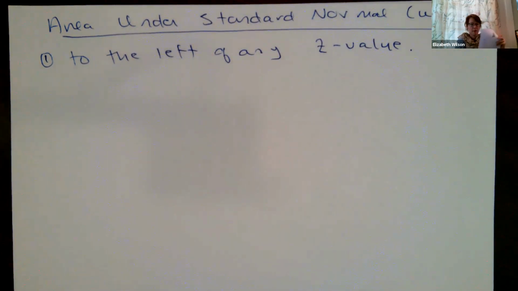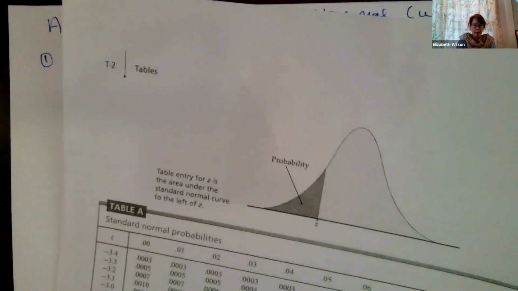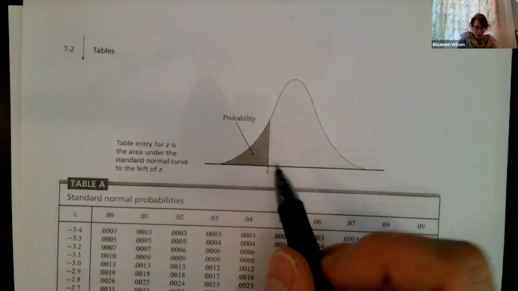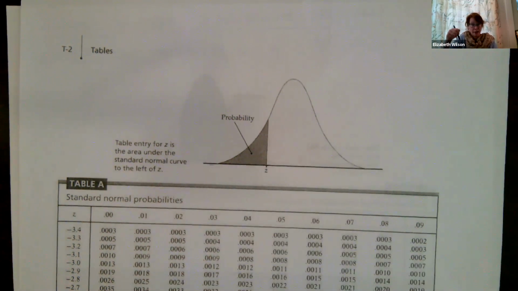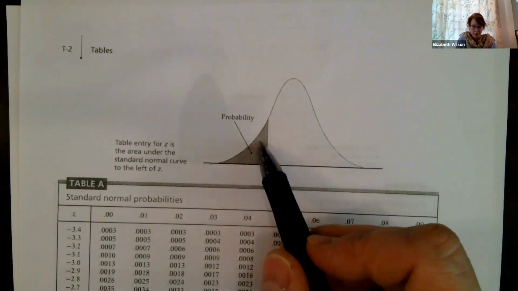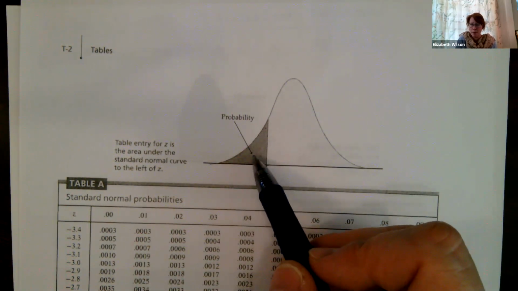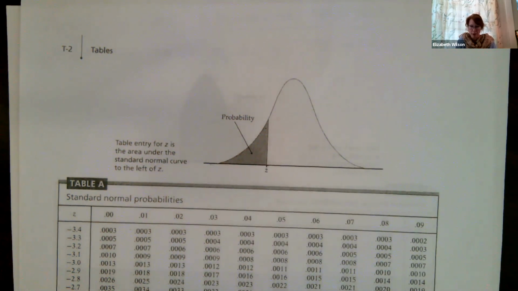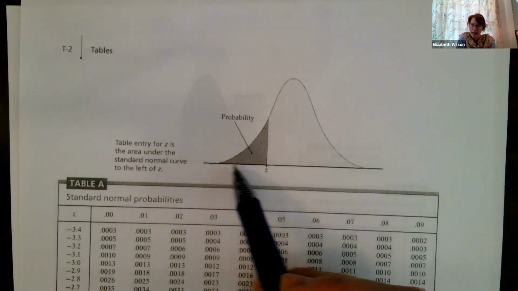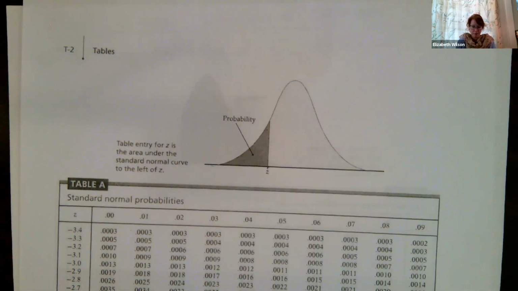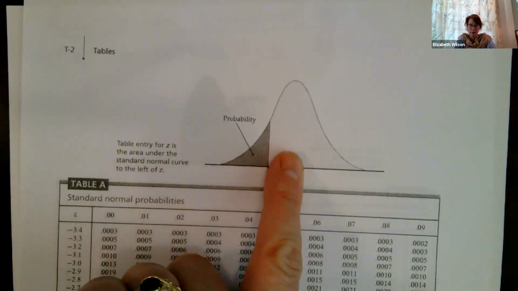Now I'm just going to pull up my z table. My z table says, right, I've got this standard normal curve, right? And I've got a particular z-value. That's what we've just calculated, a particular z-value. The shaded region is the probability that we're looking up on this table here, okay? It's an area to the left of the z-value. Okay, this is if we're to the left of the mean.